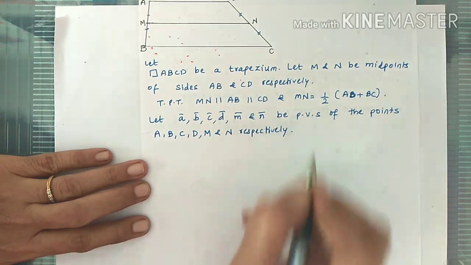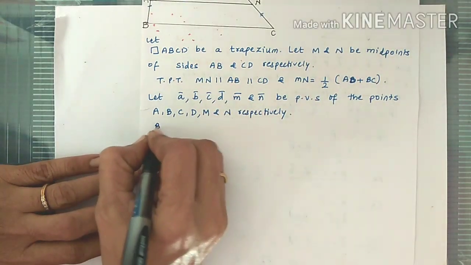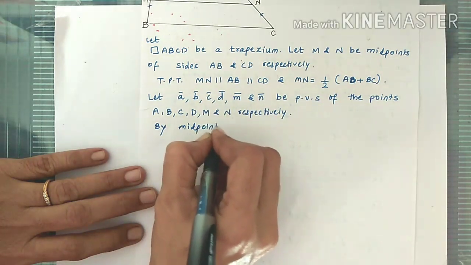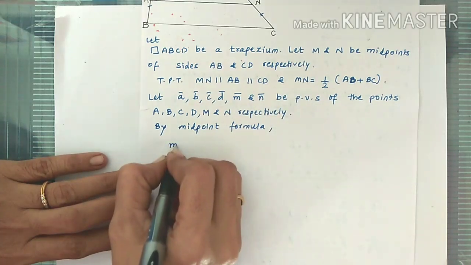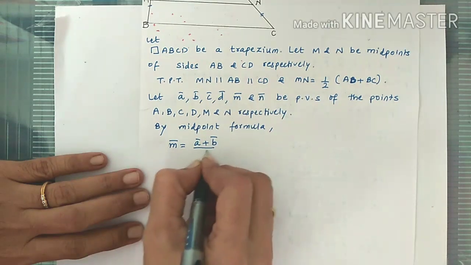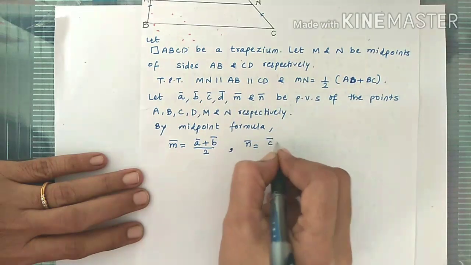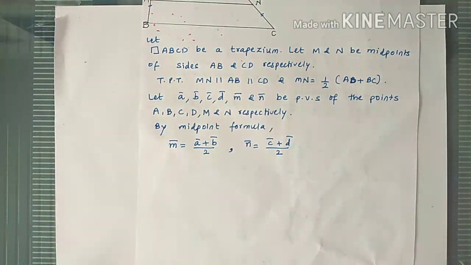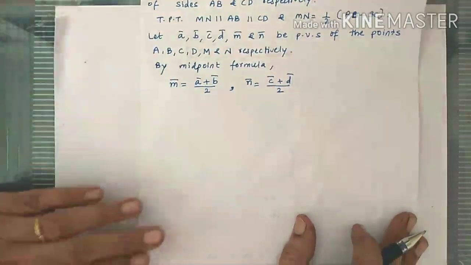Now M and N are midpoints of the sides, so we can use midpoint formula. By midpoint formula, M bar equal to A bar plus B bar upon 2 and N bar is equal to C bar plus D bar upon 2, or we can write D bar plus C bar upon 2.